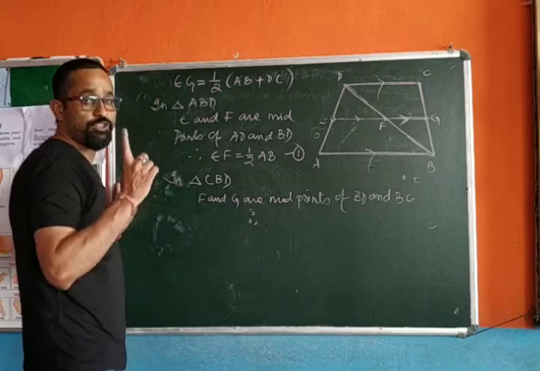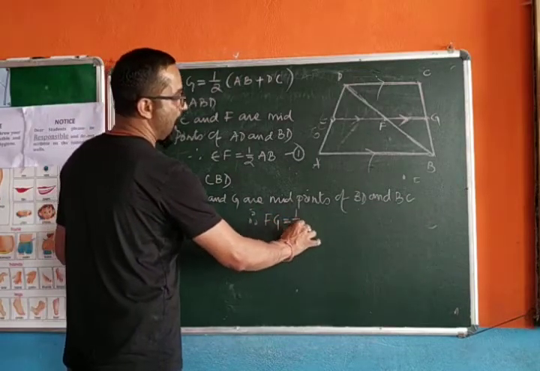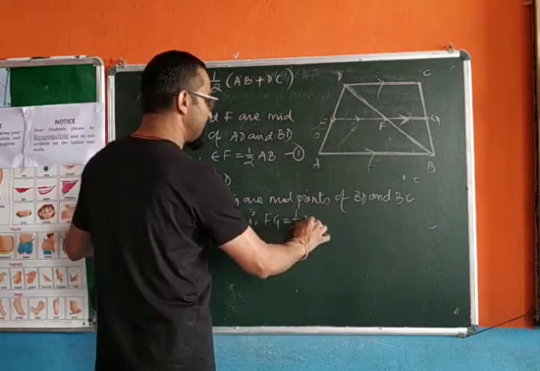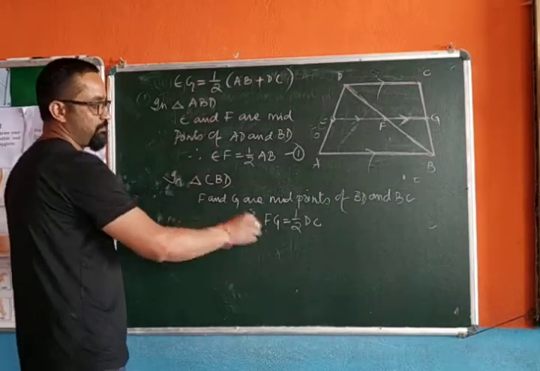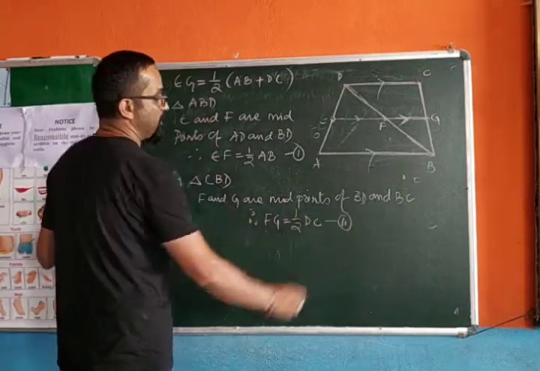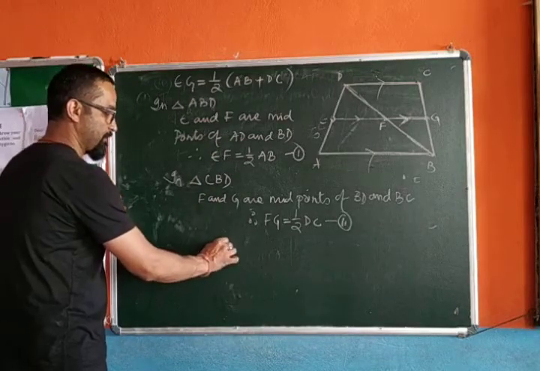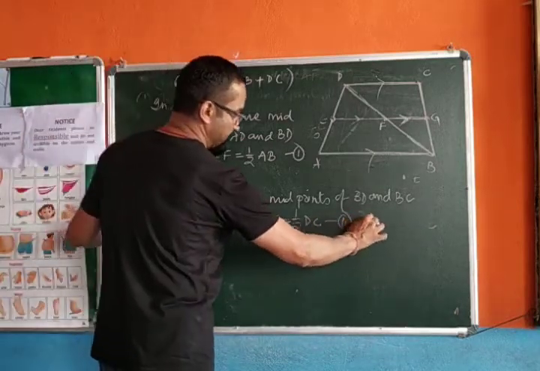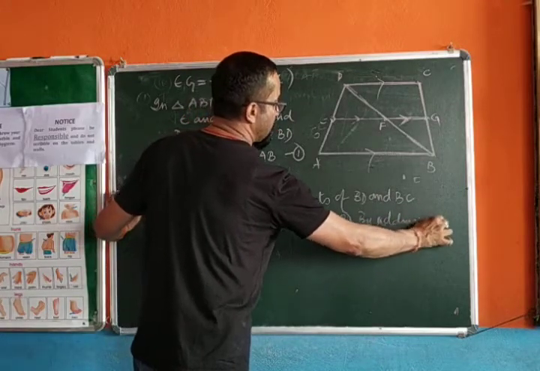Therefore, by midpoint theorem, FG is equal to half of DC. Take it as equation number 2. Now, by adding equations 1 and 2.